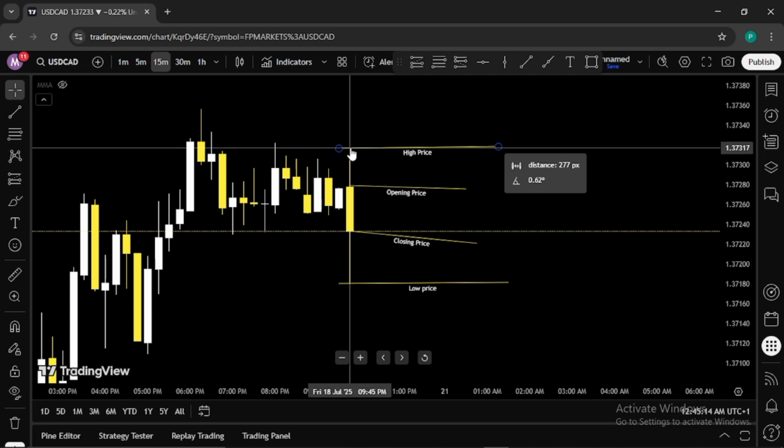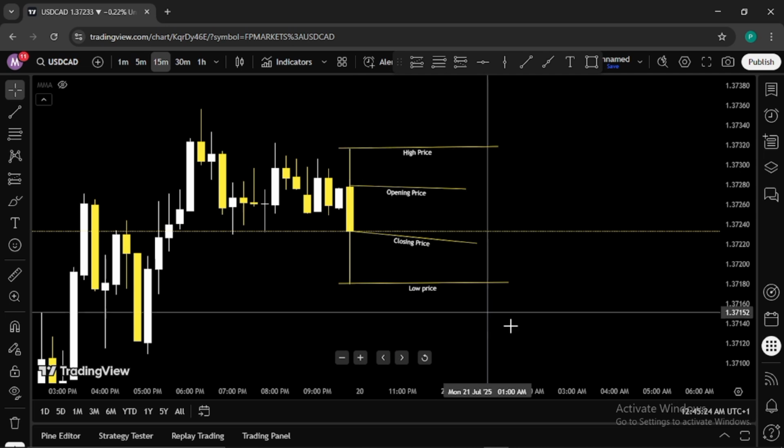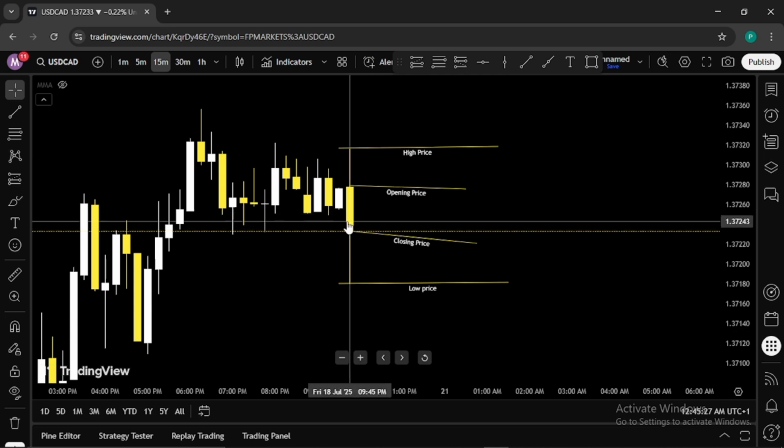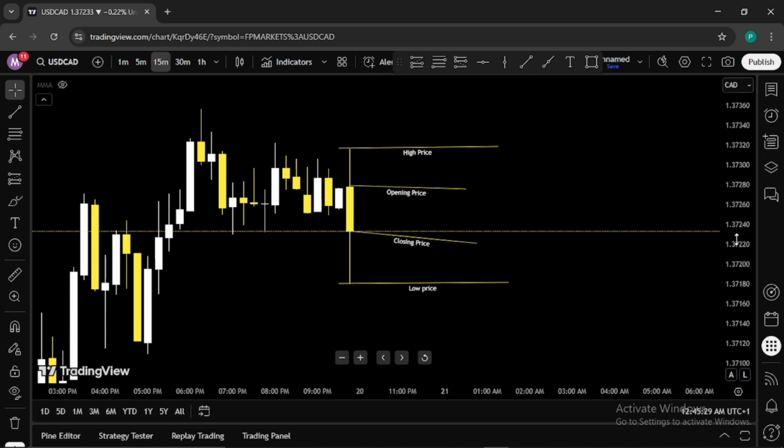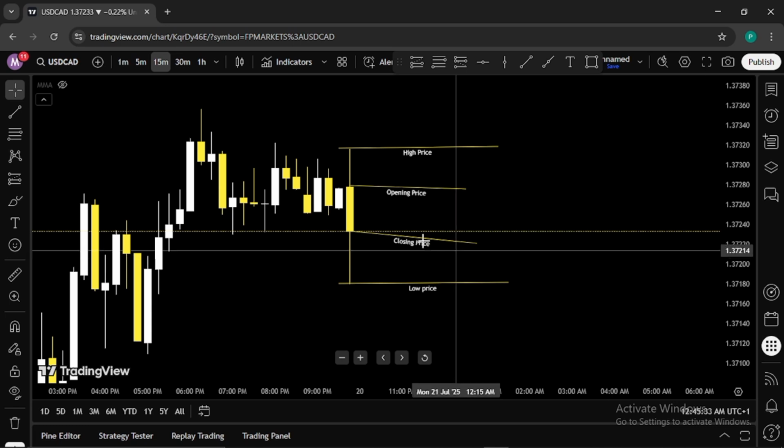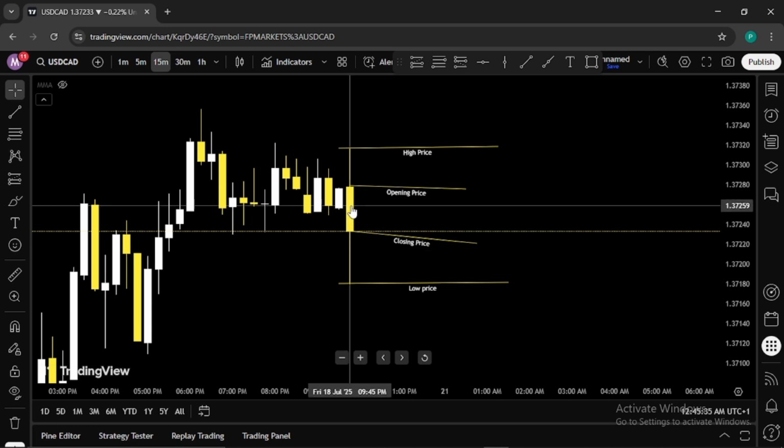So what that automatically tells you is that you do not have to make hasty decisions in trading whilst the candle is still forming. You would know that a candle is still forming by the movement of that candle, and there's a tiny time bar, usually around this area, showing you the countdown of that candlestick formation.